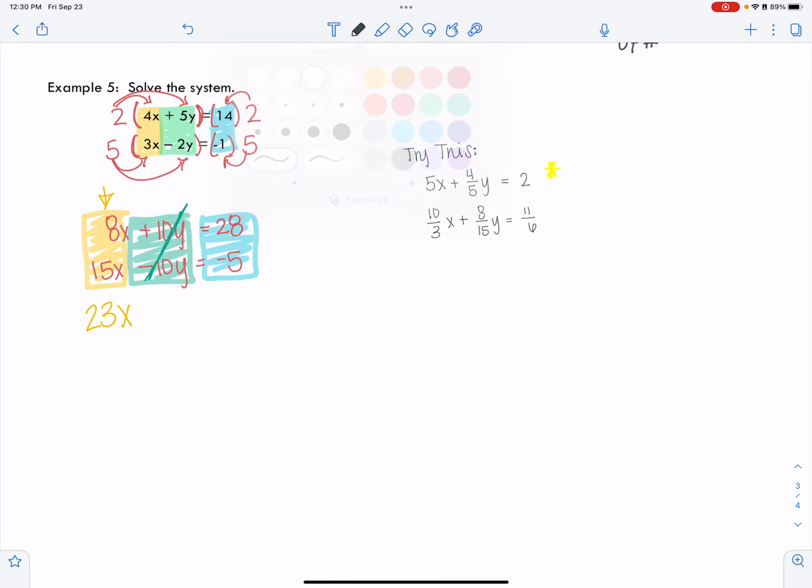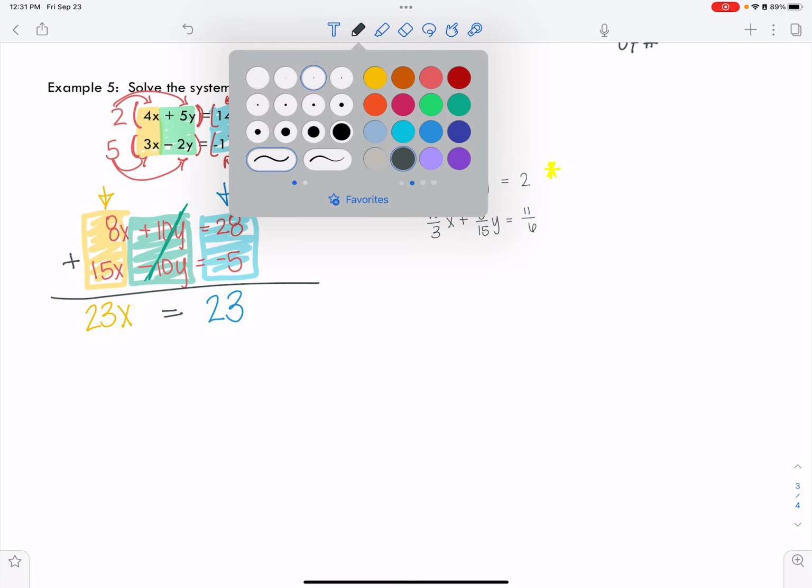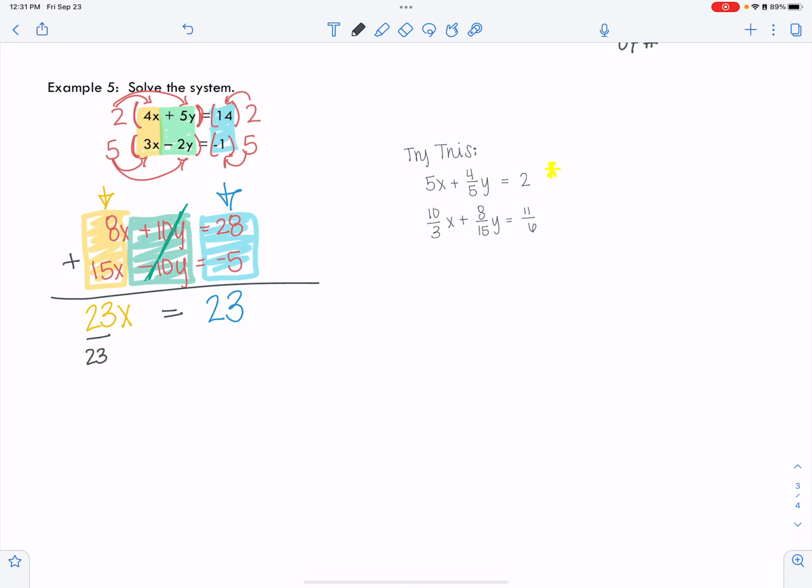Let me draw my line in here. And then 28 plus negative 5 is going to give me 23. Now I'm going to solve for this, divide by 23, and get x equals 1.